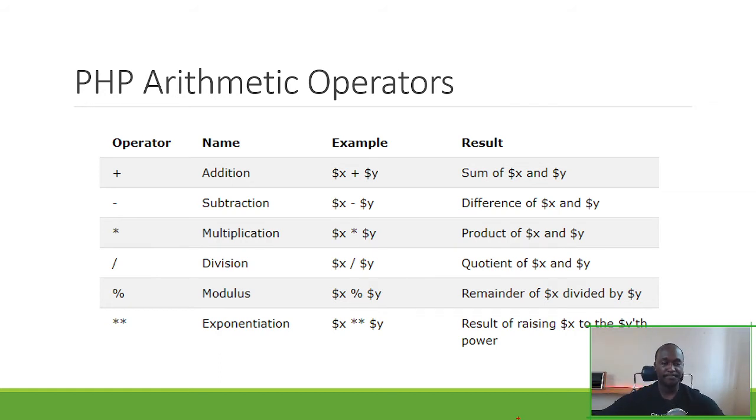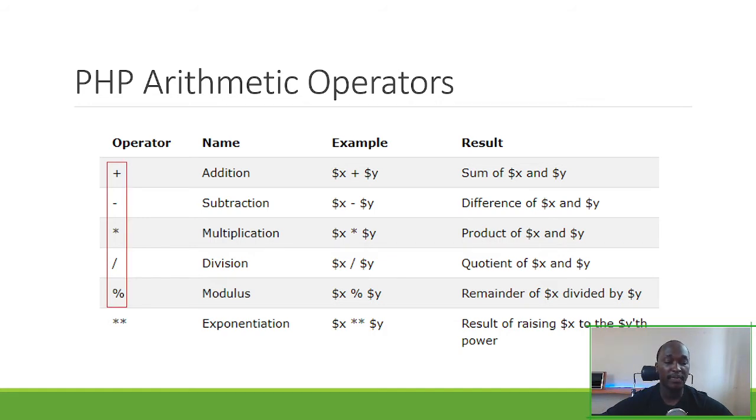Okay, now we want to look at arithmetic operators. These are the common mathematical operators like addition, subtraction, multiplication. This one is called division, so this is how we do division in PHP and in many other programming languages. And this one is called modulus, what we've been calling remainder.